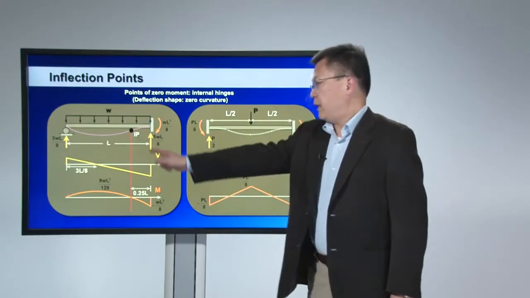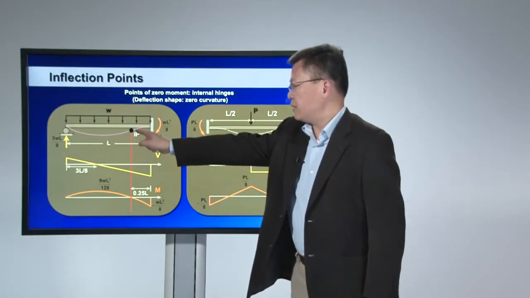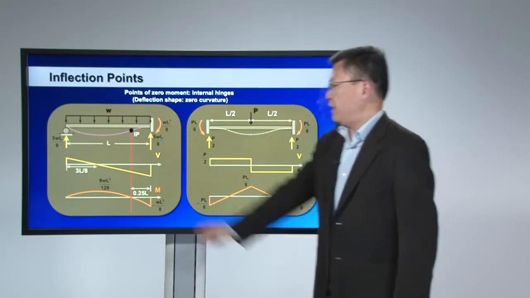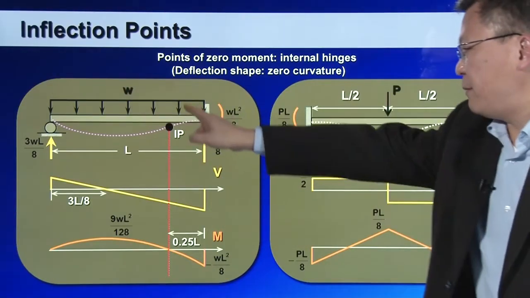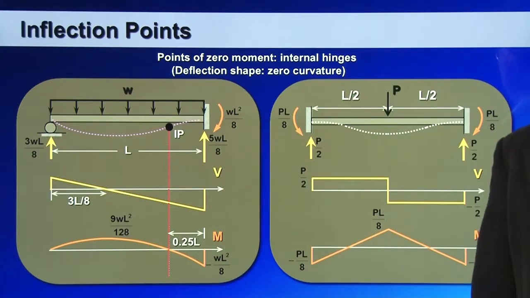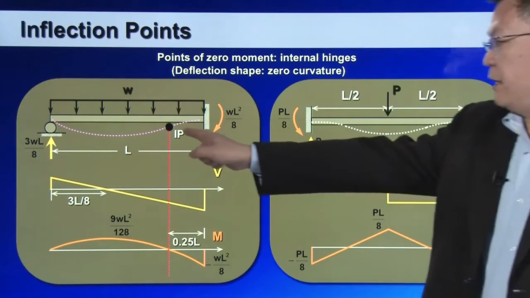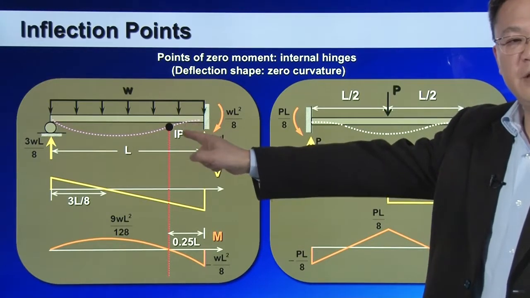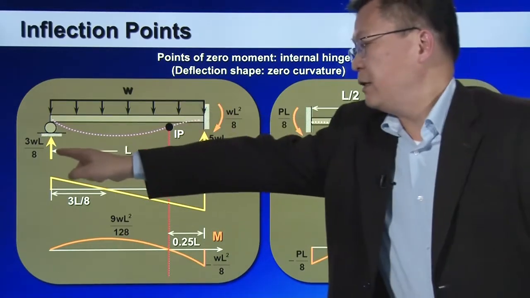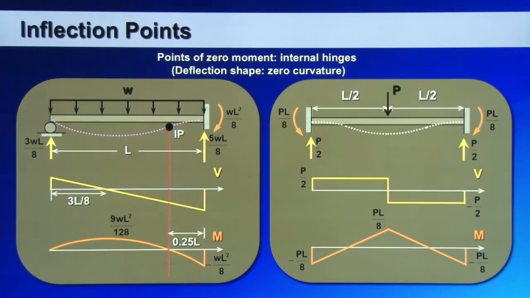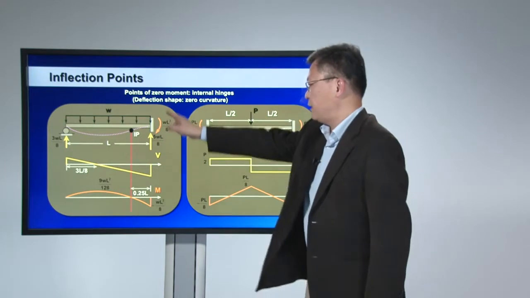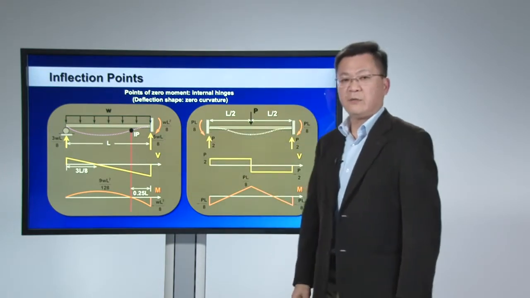So if you are able to estimate or guess the location of this inflection point early on in your analysis, then you can just do a free body diagram on the left part of the structure utilizing the inflection point property. The inflection point property is that you only have shear force but no bending moment. So using that condition, you can actually calculate the reaction at the left end of the structure. And then you can carry on with equilibrium to get all the other reaction forces on the right-hand side of the beam.